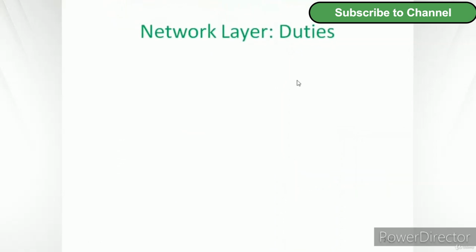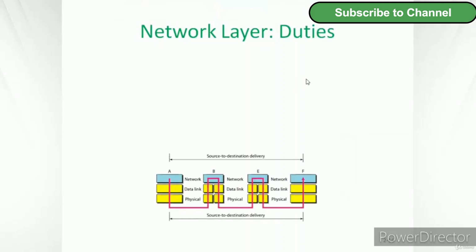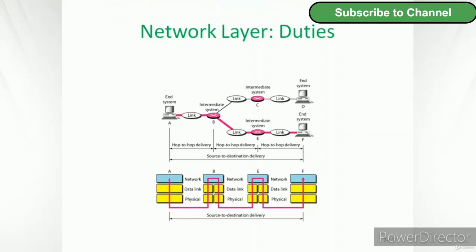Then we will see the network layer duties. You can see this diagram. The network layer is responsible for logical addressing and routing. This logical address is called the IP address, or the network address. It is unique and universal, and by this the computers communicate from one location to another, on the internet.